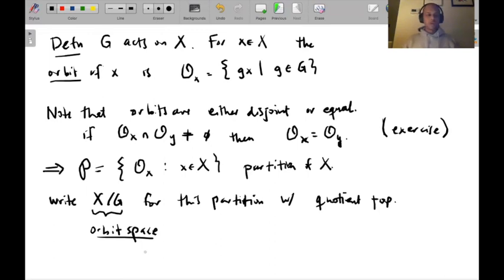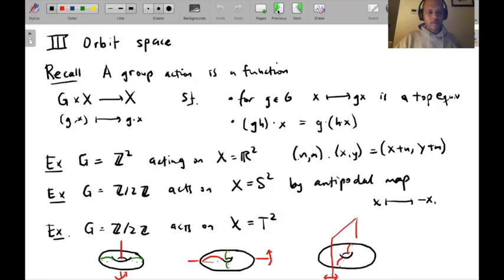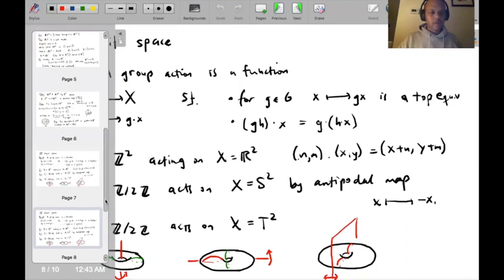So this is a useful construction. Let me give you some examples to get a feel for how this looks, and I'm going to do this a little bit informally. So let's return to these examples that we had before.